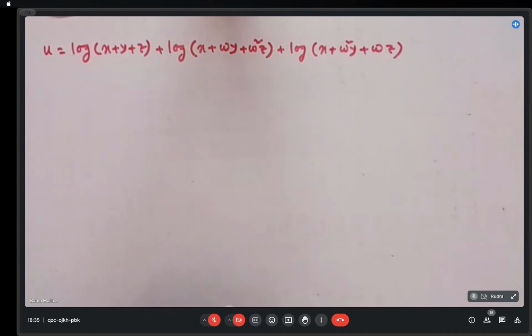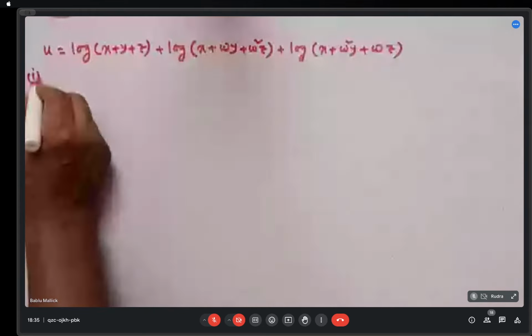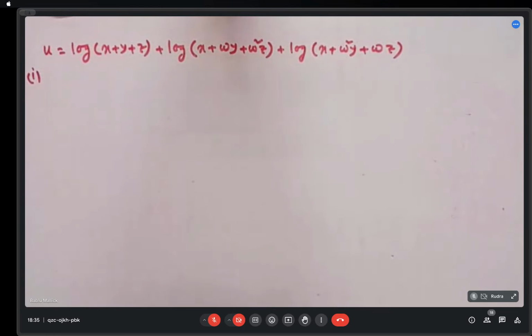This was u after simplification. So first, this is number one question. So let us find del u del x and del u del y, del u del z.